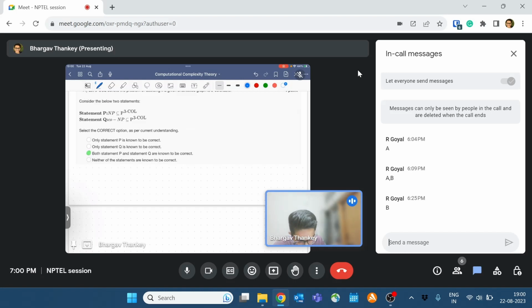I'll just write this down, why Q is correct. So let L be in co-NP. L polynomial time reduces to three color complement.